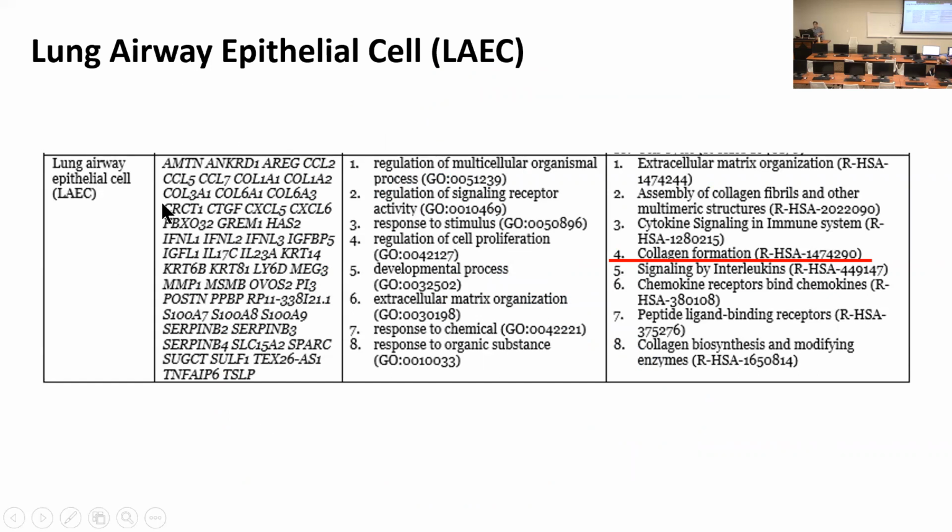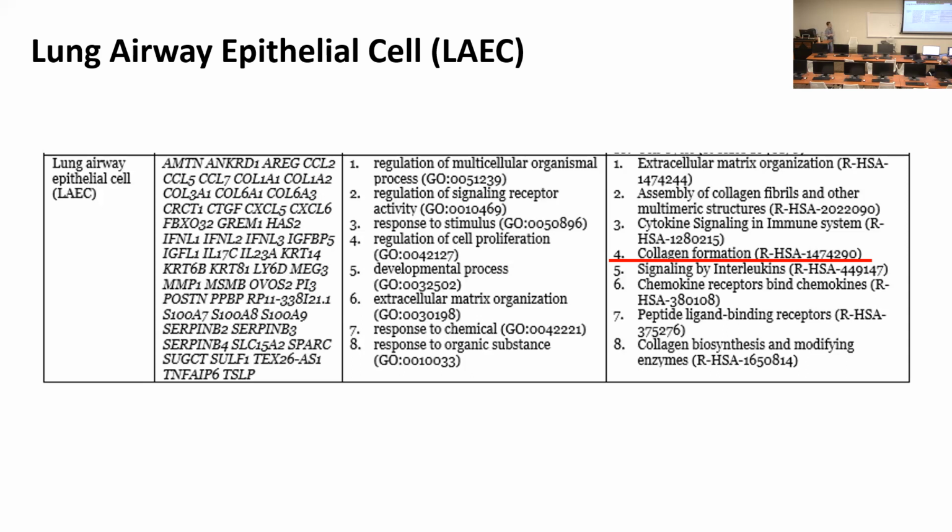So those are the top 50 highly variable genes selected. They are different genes from the lymphoblast cell line. So different cell types have different sets of highly variable genes.